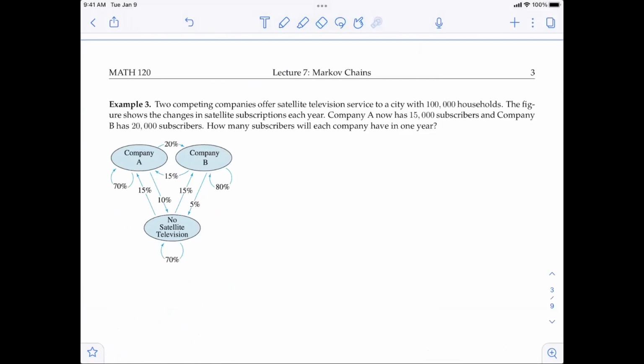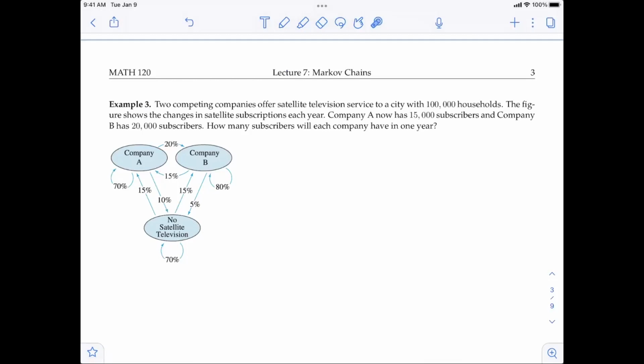You are given a schematic or a figure that shows the transitions in satellite subscriptions each year. To begin with, company A has 15,000 subscribers and company B has 20,000 subscribers. They want to know how many subscribers each company has after 1 year.